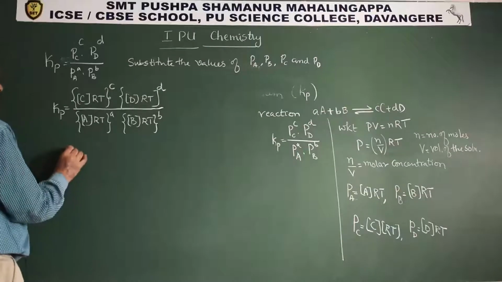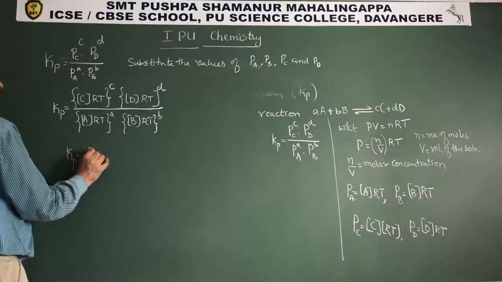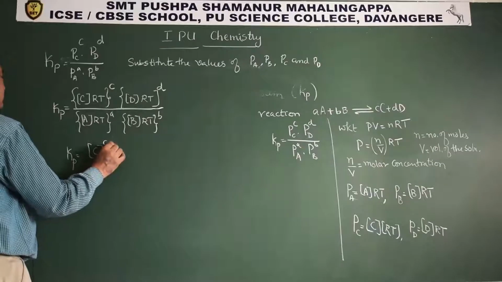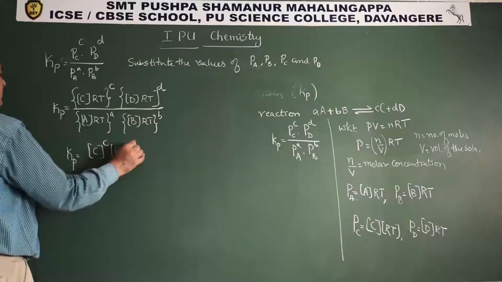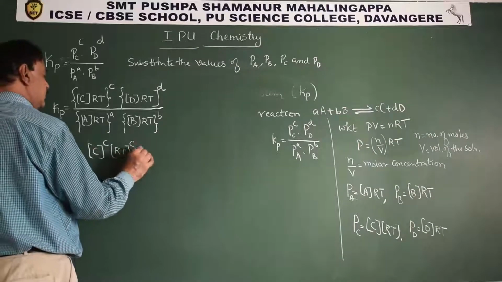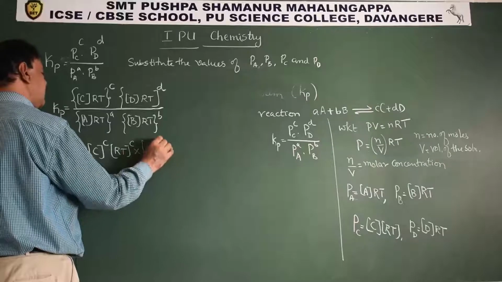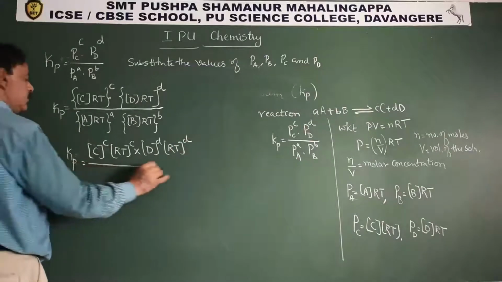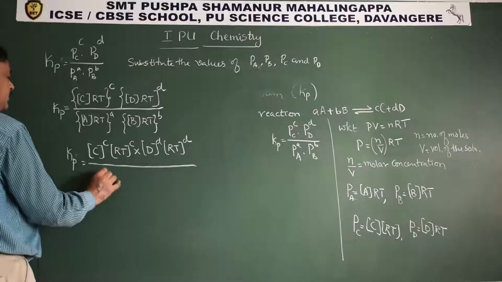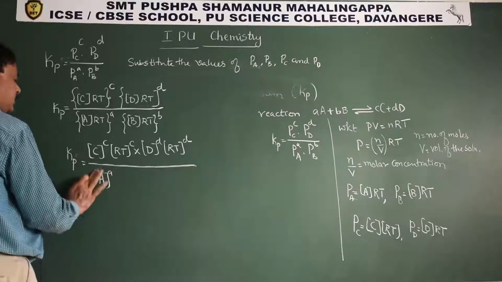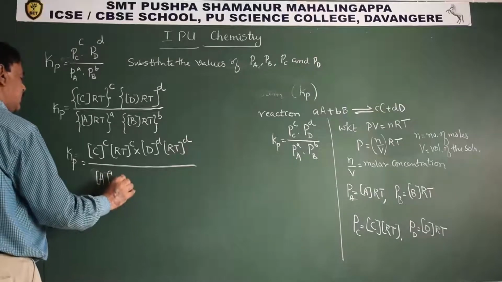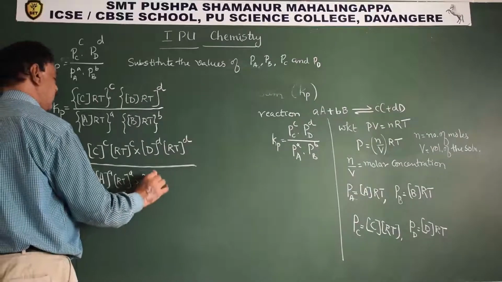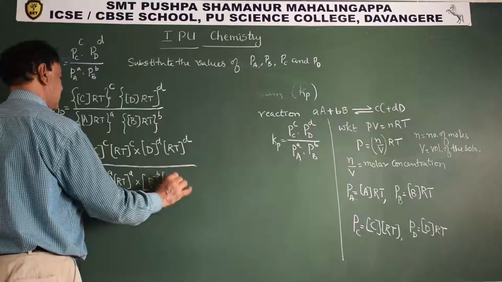Now Kp is given by [C] to the power of c into RT to the power of c into [D] to the power of d into RT to the power of d, divided by [A] to the power of a into RT to the power of a into [B] to the power of b into RT to the power of b.